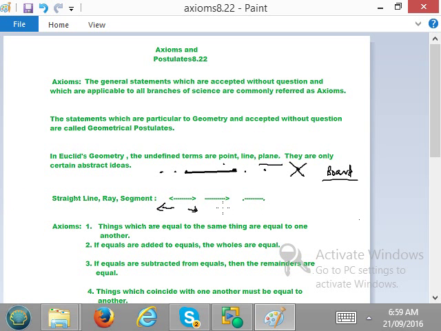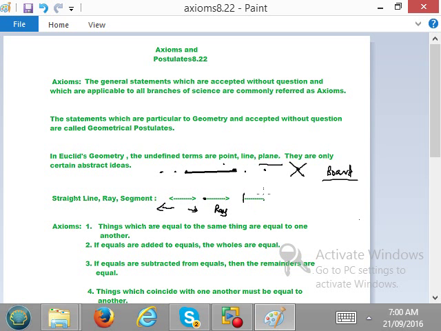A ray means it is one side. This one side is fixed by a point. Only one way it moves. This is a ray, like light rays: it starts from here and goes in a particular direction. When we say segment, this is cut.